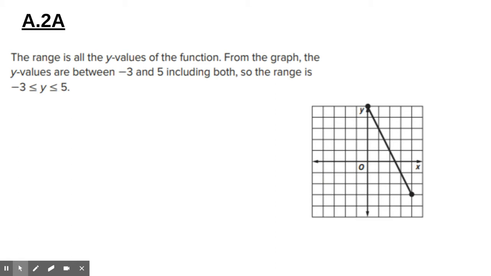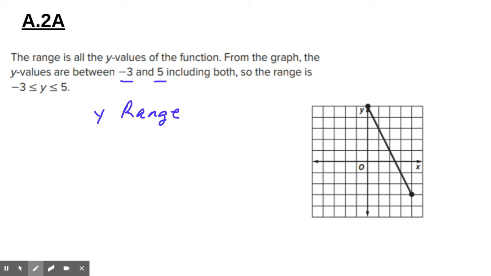They're talking about the range, and that is our y. That is our output, and that is our dependent variable. So they're telling us for the graph, the y values are between -3 and 5.